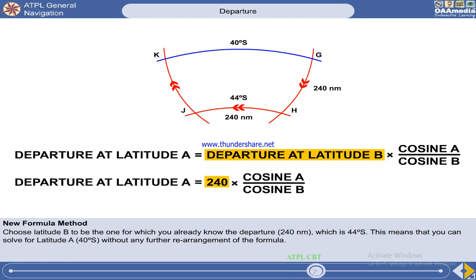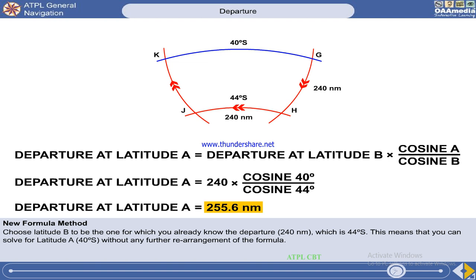The departure at B is 240 nautical miles. Cosine A is the cosine of 40 degrees. Multiply that out on a calculator, and the answer comes to 255.6 nautical miles.